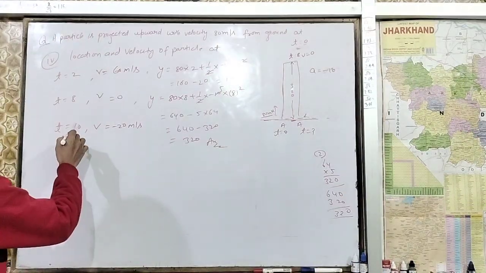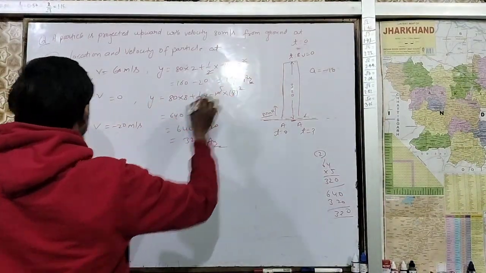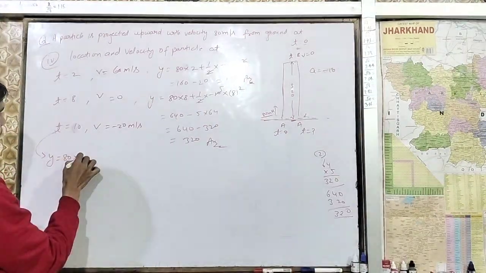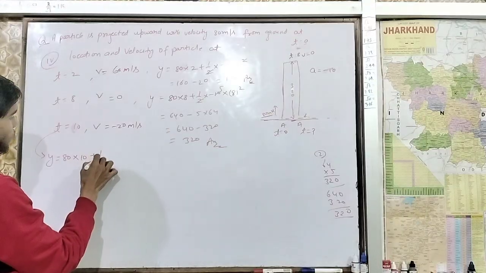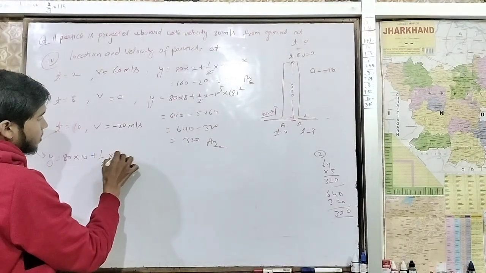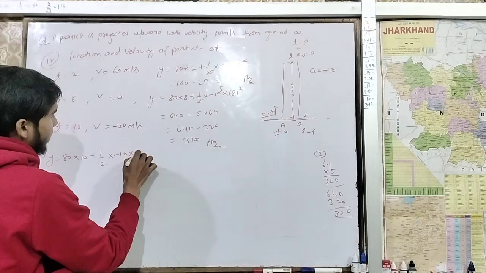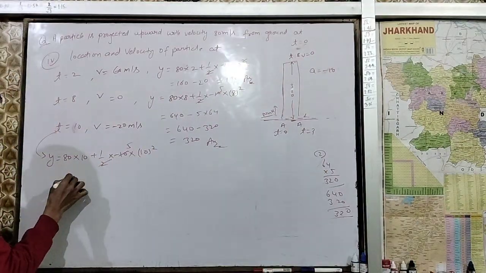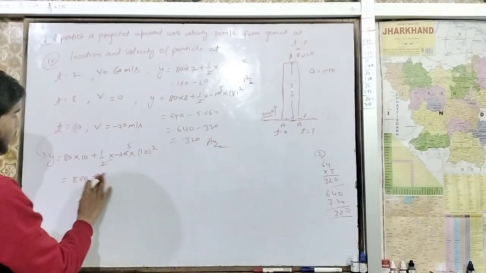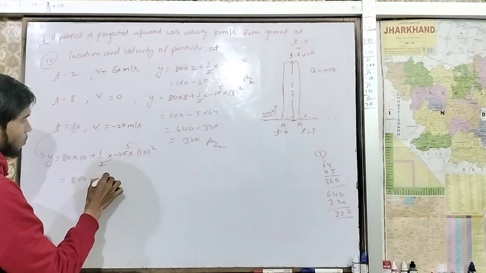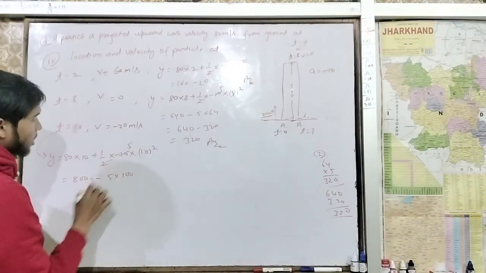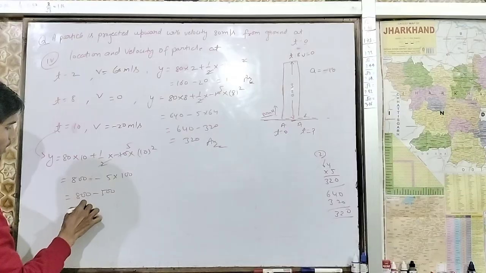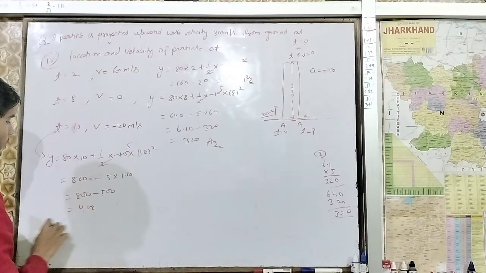Now next, y will be u is 80 multiplied by t is 10, plus 1 by 2 minus 10 multiplied by t is 10 raised to power 2. 800 plus minus 5 multiplied by 10 10s are 100. 800 minus 500 will be our final. 300 will be our y.